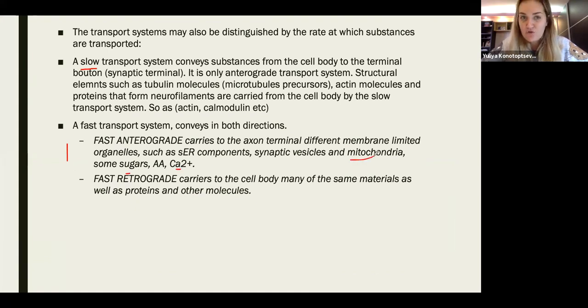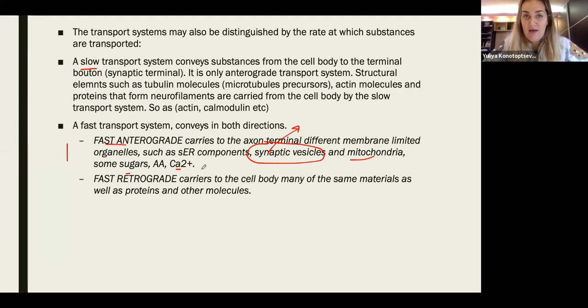So mitochondria can be transported fast, different organelles, and etc. Neurotransmitters as well. Well, synaptic vesicles, they are filled with the neurotransmitters. So neurotransmitters, the way they are transported from the cell body all the way to the terminal end, it is the fast anterograde.